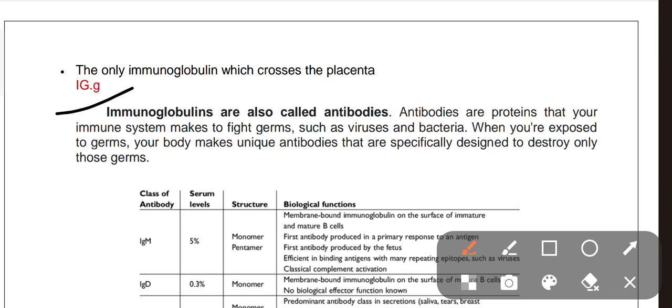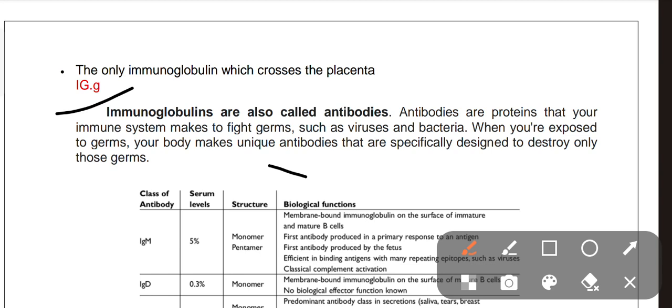These antibodies work towards controlling or killing the viruses and bacteria in our blood. When you are exposed to germs, which are nothing but viruses, bacteria and pathogens, your body makes unique antibodies that are specifically designed to destroy only those germs.